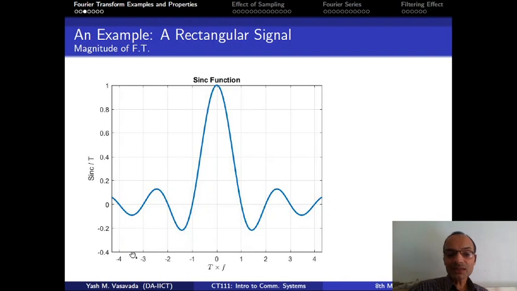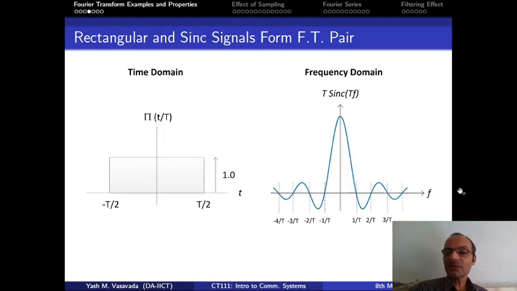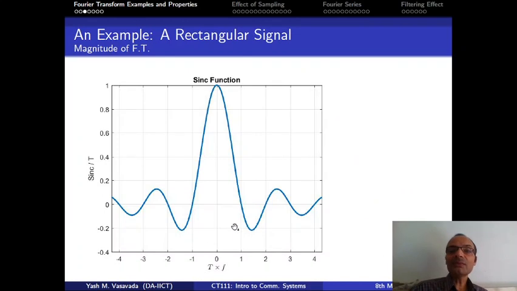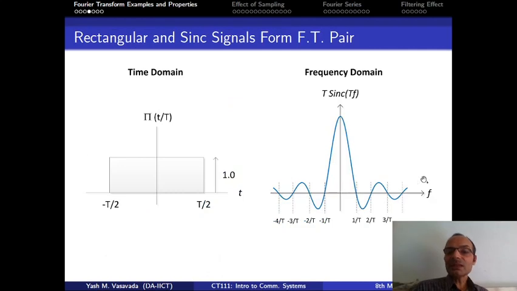And so when I convert this horizontal axis, instead of making it capital T times f, if I make it just frequency f, then the location of these 0 points obviously becomes a multiple of 1 over T. Here it was just integer values, 1, 2, 3, minus 1, minus 2, minus 3. But that was because I was looking at t times f. Once I start looking at the SINC function as a function of small f, these points at which the value of the pulse becomes 0 become multiples of 1 over T, as it is shown here.